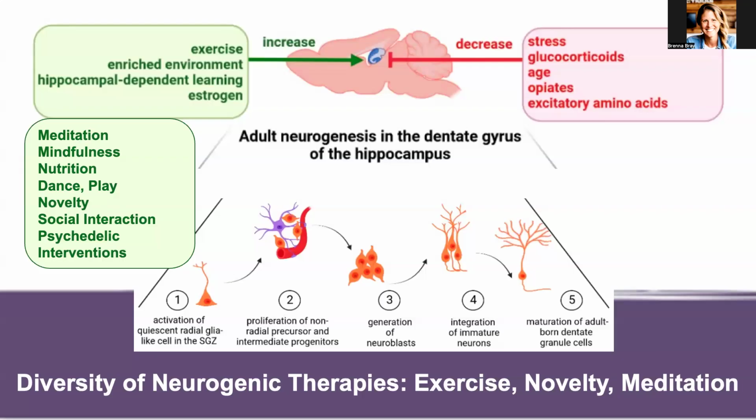Hippocampal dependent learning. For the purposes right now, we'll just say learning anything. That can be learning a new skill. That can be learning how to do a handstand. That can be learning how to get to a new location, so kind of map finding. Those are all different types of learning. Estrogen, just by itself, can increase neurogenesis.